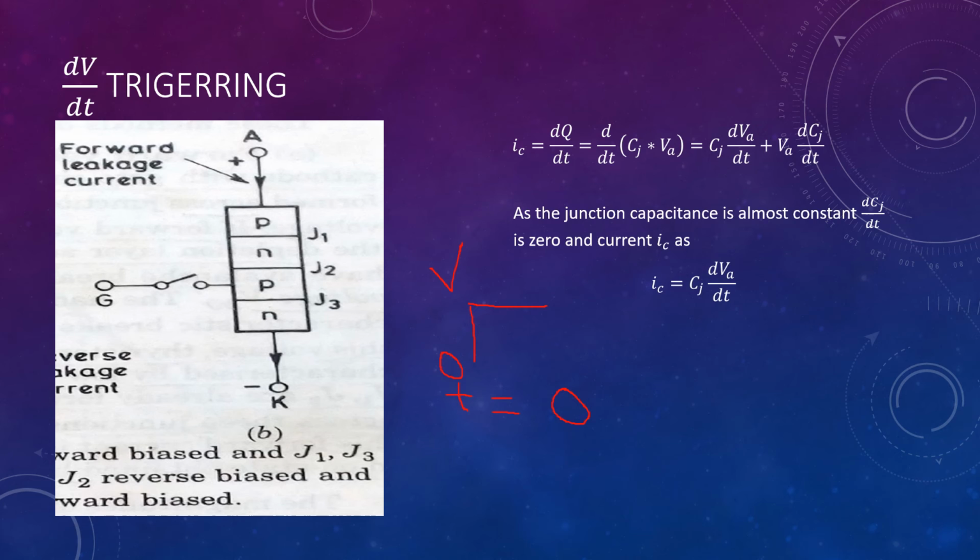If the value of voltage is very large and at time t equal to 0, the voltage changes from 0 to V volt, the rate of change of voltage during this time is very large. dV by dt is very large during time t equal to 0. Since dV by dt is large, IC is large, and this charging current acts like gate current, which in turn turns on the thyristor.